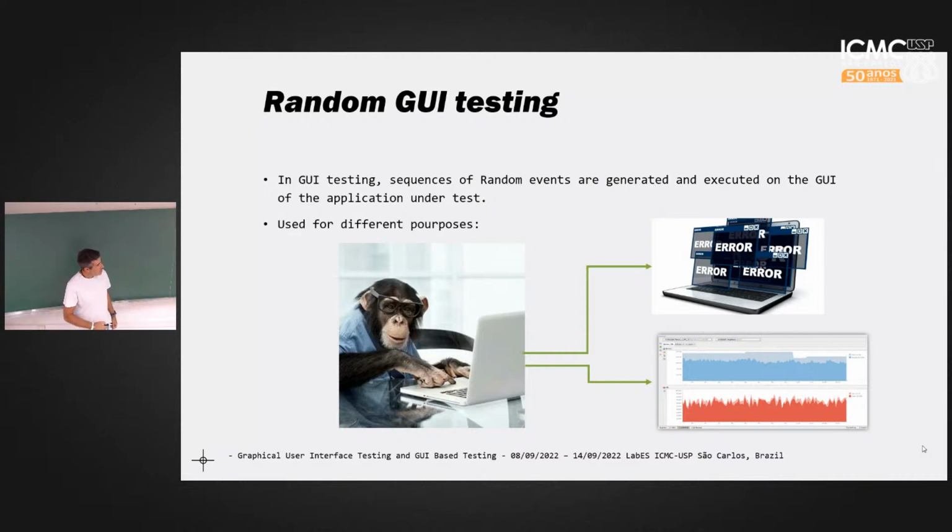As an example, on one side you have a monkey that interacts with the GUI. On the other side, you have a tracer. With the tracer, you can collect information about the battery drain, the CPU usage, the memory usage, and the network traffic. As we said in the first lesson, we are in the context of GUI-based testing.